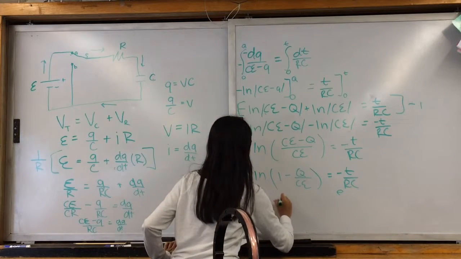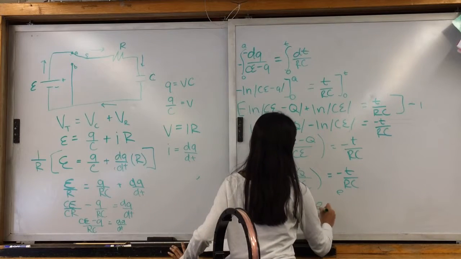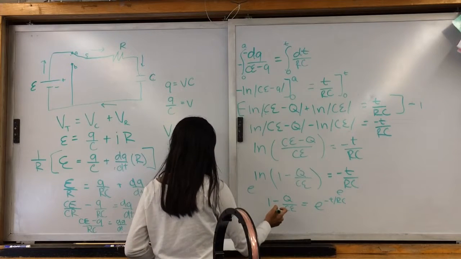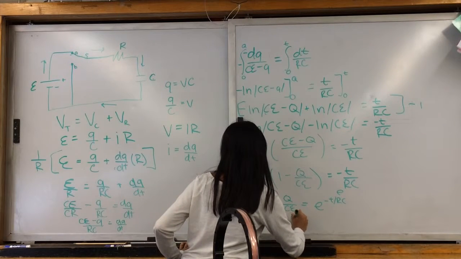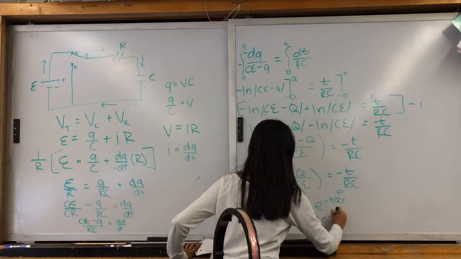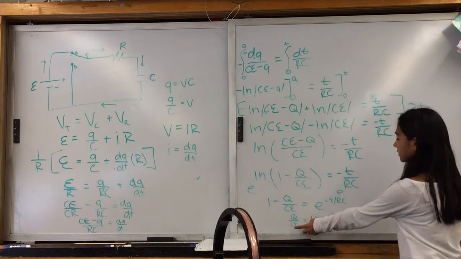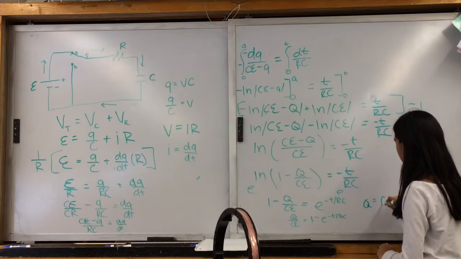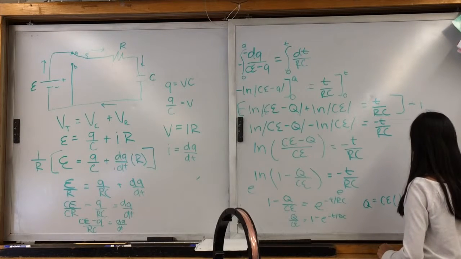So we get 1 minus Q over CE on the left-hand side, and on the right-hand side we get e to the negative t over RC. And we bring it over, and we get Q over CE equals 1 minus e to the negative t over RC. And then we finally get, by multiplying CE to the right-hand side, Q equals CE times 1 minus e to the negative t over RC.